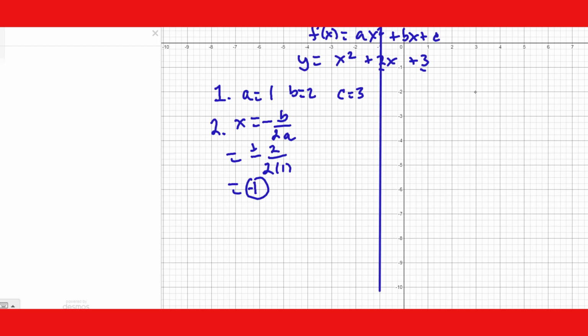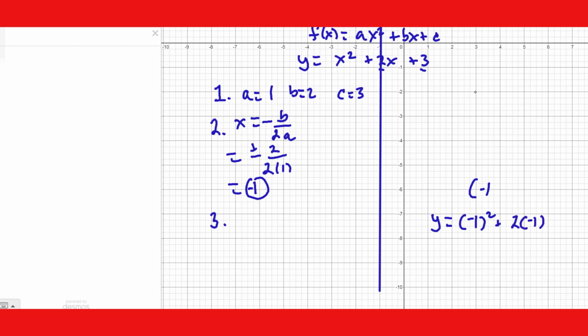All right, now we've got a third step here. So step number 3 is the x-coordinate of the vertex is also negative b over 2a. So we got the x-coordinate is negative 1. All right, now the y-coordinate is, we're going to go y equal negative 1 squared, right? We're taking that x-coordinate, plus 2 times negative 1.